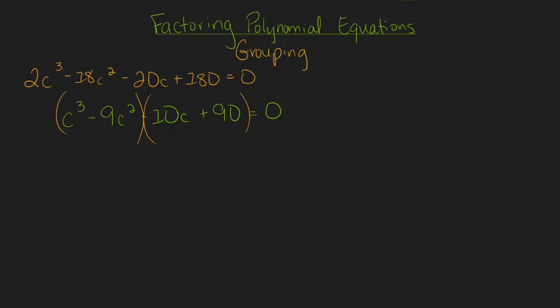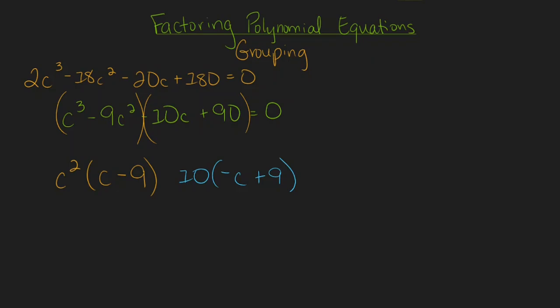In my first group, c cubed minus 9c squared, I see that I have a greatest common factor of c squared. I'll take that c squared out of each term, and that leaves me with c minus 9. In my second term, I see that I can take out a 10 from both negative 10c and 90. When I take out that 10, I'm left with negative c plus 9.